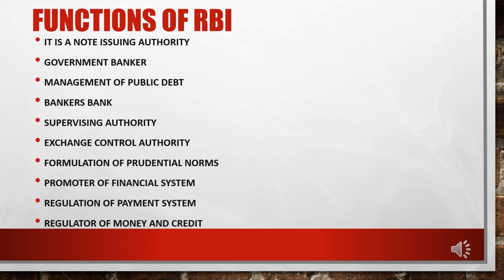And the most important thing is that they are the implementer of monetary policy in our system, and they conduct monetary policy in such a way that monetary stability and financial stability can be enforced. In the forthcoming class, in this session, we will be discussing the instruments of monetary policy and how RBI conducts monetary policy to make the price level stable and increase the output of the economy.